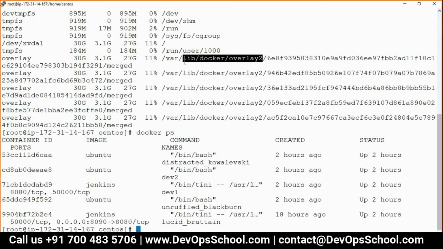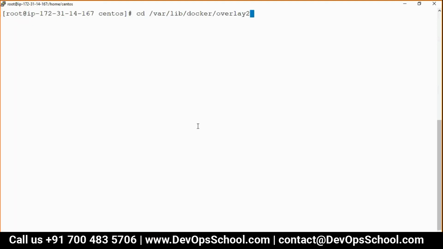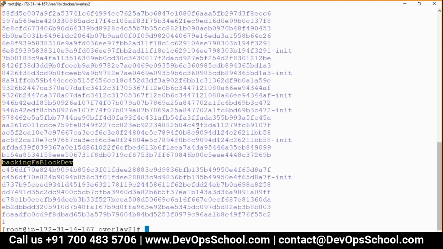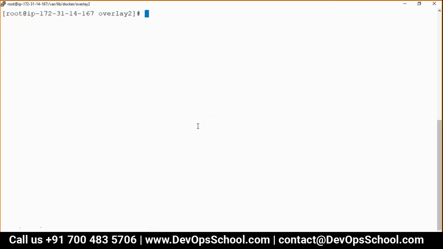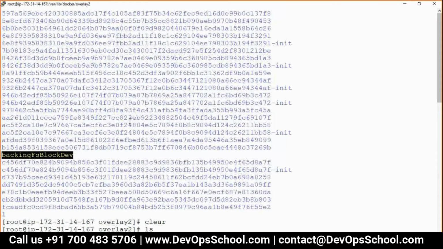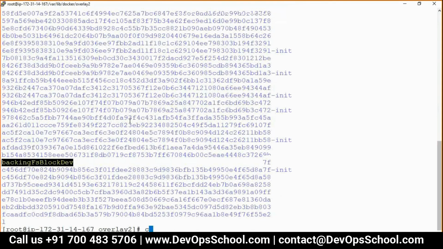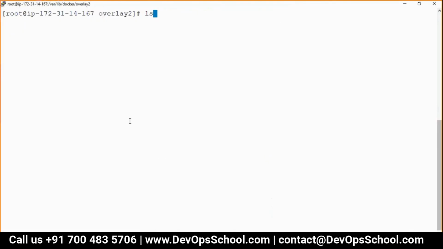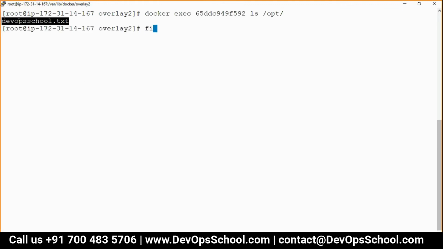So I'll go to this place. CD. This is the location. So many directories are there. Right now, don't get lost. I'm looking for my particular thing. Where is my file? This is a Linux command I'm using to find the file.